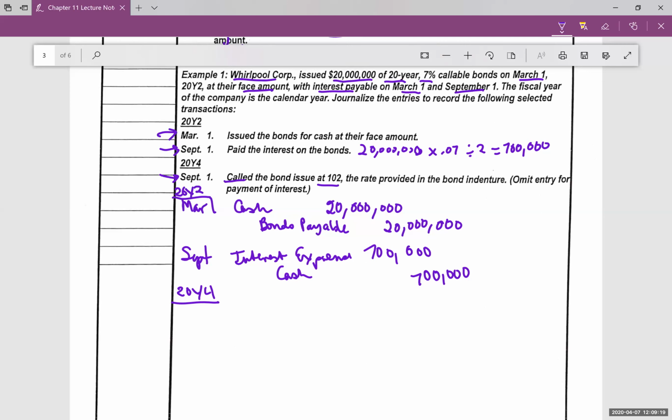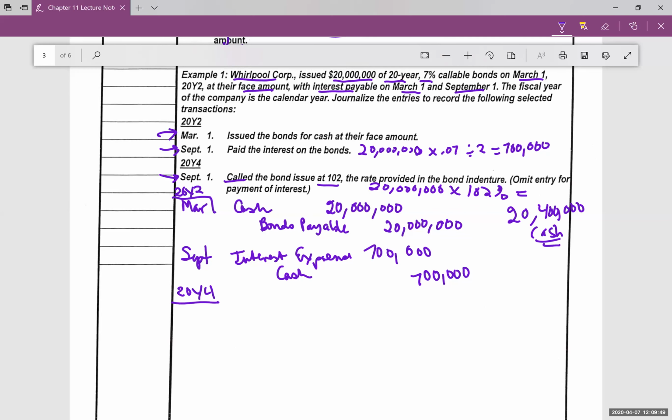So all you do is you take the 20 million and you take that times 102%. That's what the 102 signifies. And that number becomes 20,400,000. And that is going to be our cash amount.